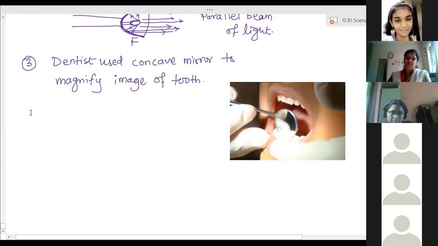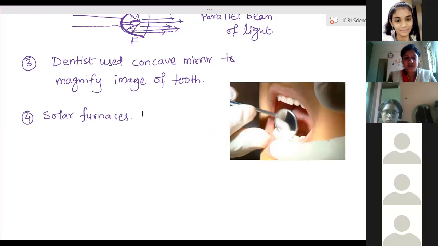Yes, ma'am. And then fourth, solar reflectors, solar furnaces. A solar furnace is a large dish-like structure made in concave shape. Ma'am, an antenna-like structure, they make it.